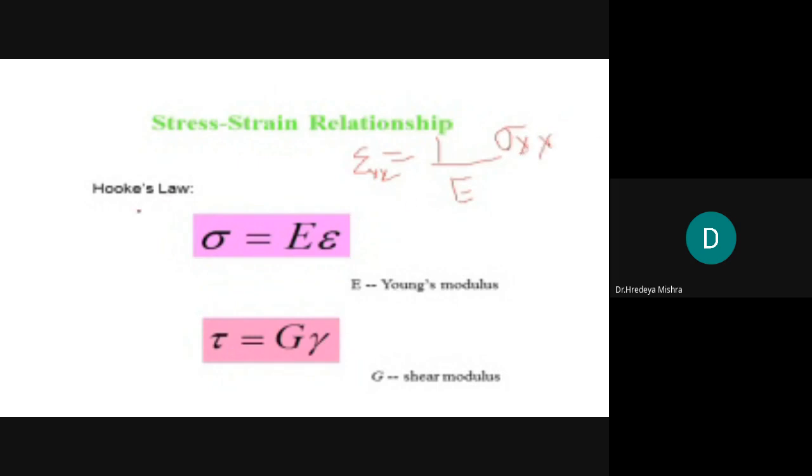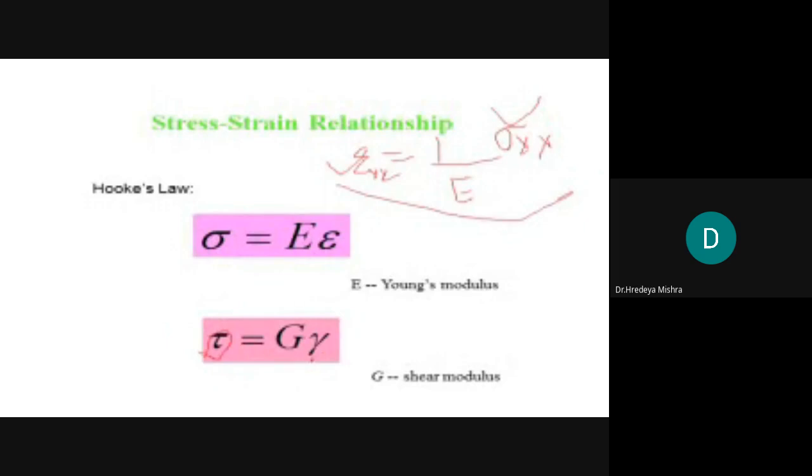So if we talk about this being the stress and this being the strain, what is the stress value from this equation? Stress equals E into strain, and tau, shear stress, equals G into gamma.